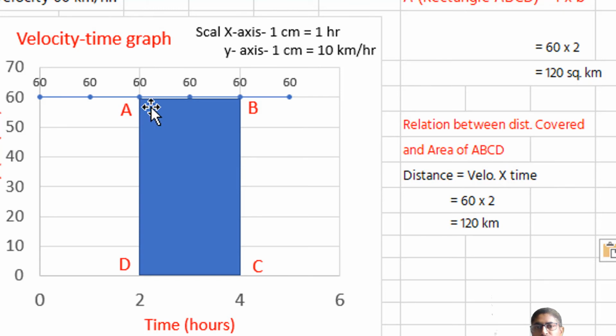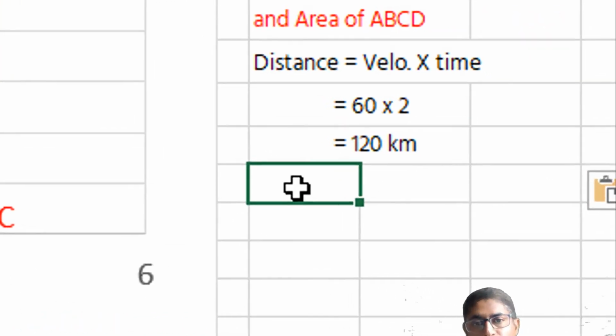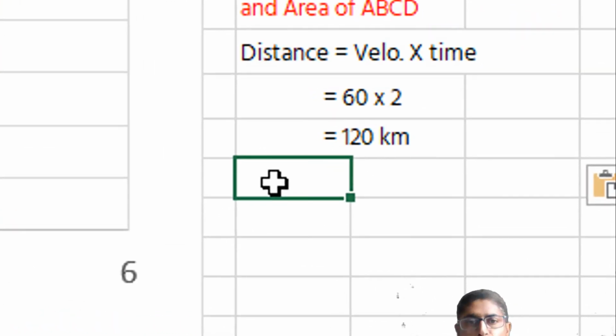Here velocity is 60 and time is from 2 to 4, that is 2 hours. That's why 60 into 2, that is equal to 120 kilometer. That is the distance covered by the train in 2 hours, and hence distance and area are equal. Distance is equal to area.